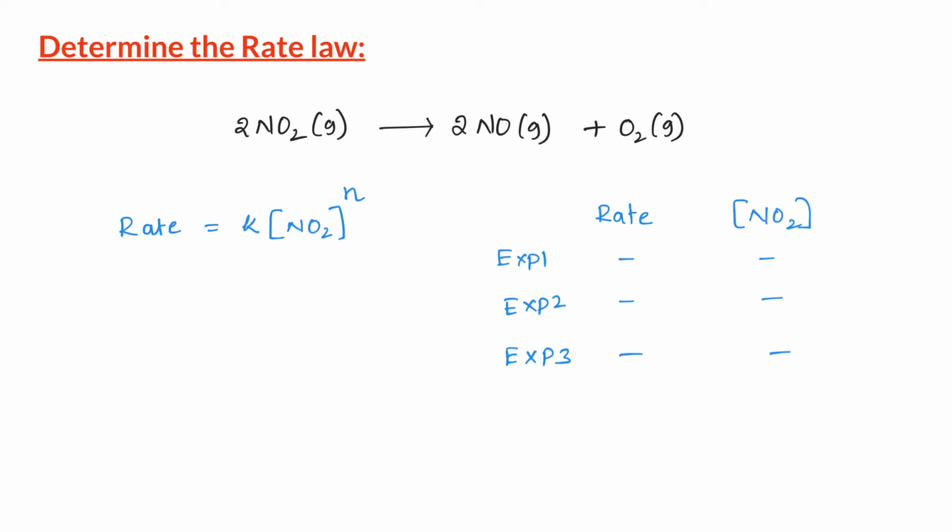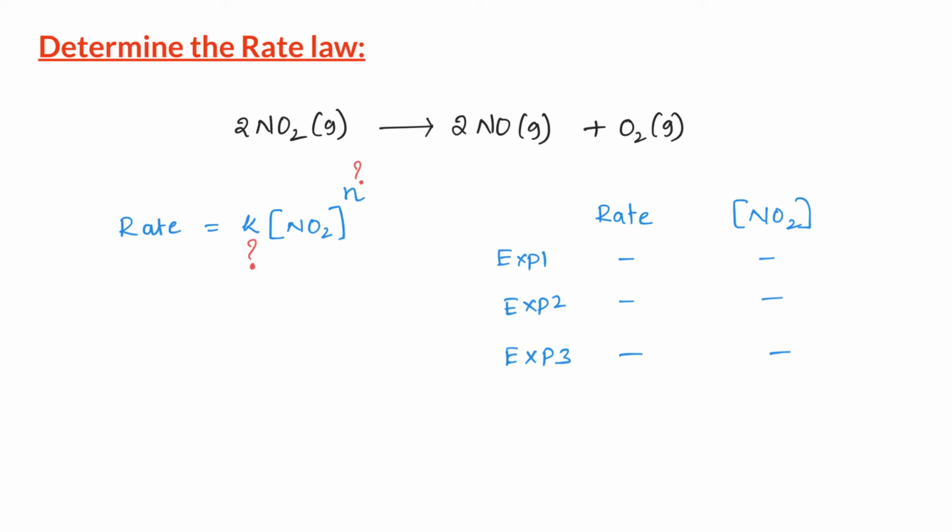If we look at the rate law, we have four different terms: rate, rate constant k, concentration of NO2, and the order with respect to NO2, which is n. We get the values of the rate of the reaction and concentration of NO2 from the experimental data, and we need to calculate the values of k and n.